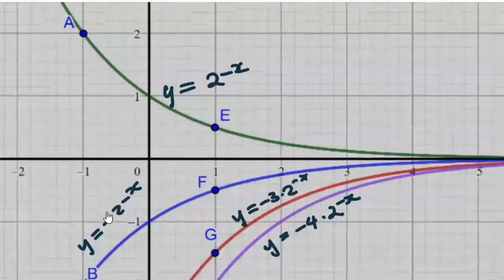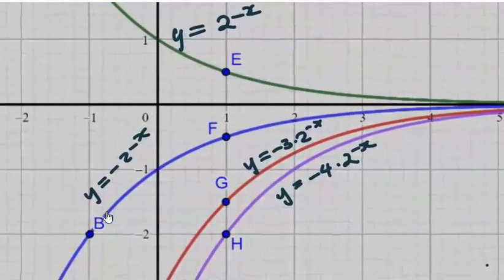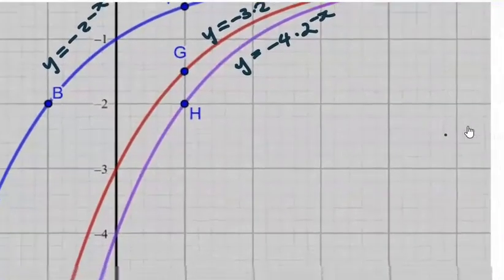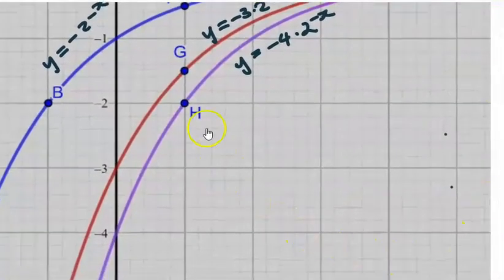If I look at the graphs here, you see this is the y-intercept of 2 to the minus x, and minus 1 is the y-intercept of minus 2 to the minus x, and the y-intercept of the red one is minus 3, and the purple one is minus 4.